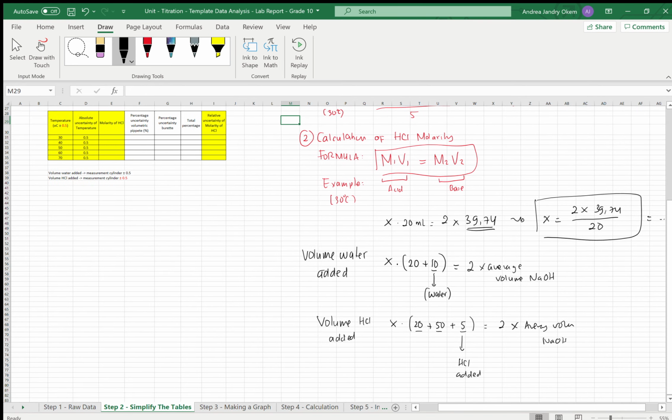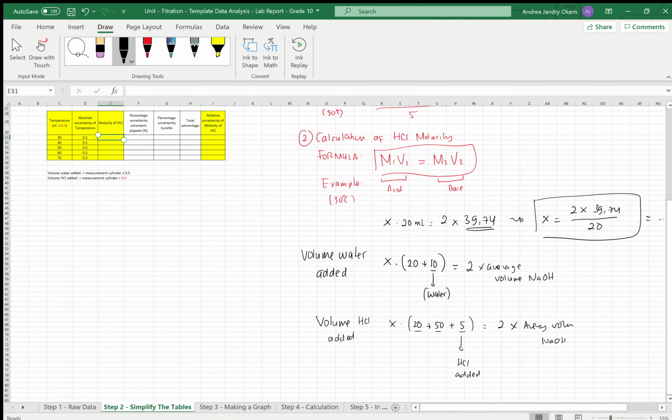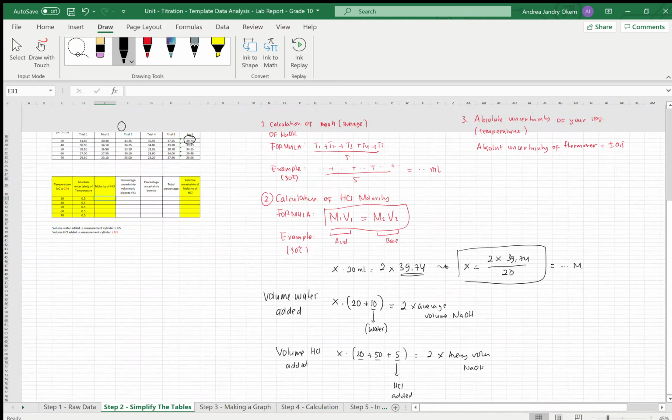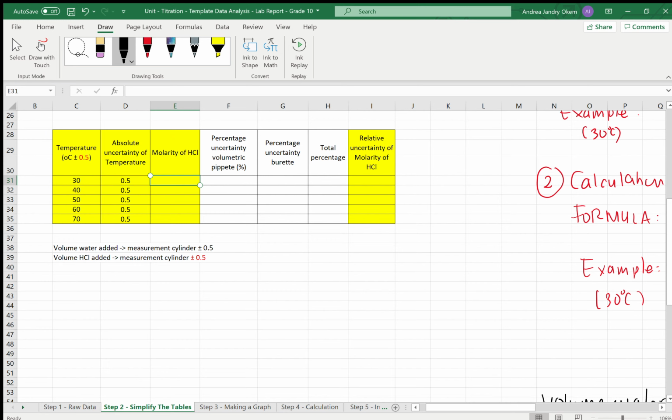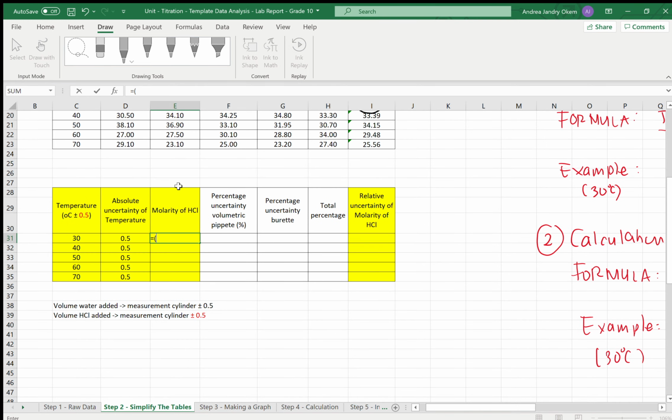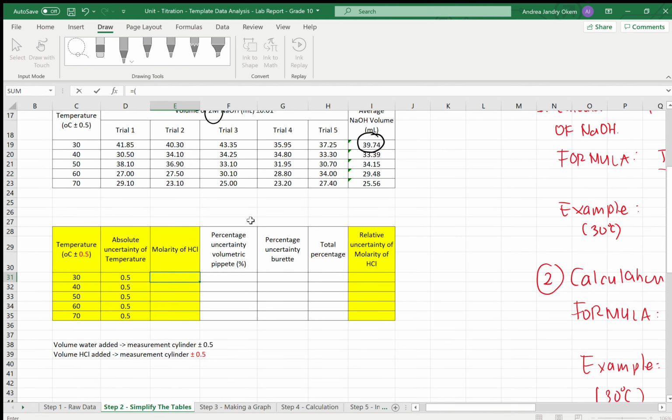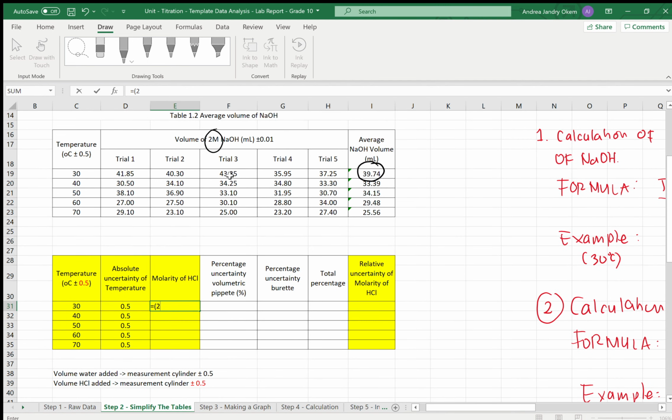Okay, so if you want to do it in Excel, please remember 2 times. I will type equals, open the bracket, because the molarity of NaOH is 2, so I will put 2 and then type the star, and then I will select the average volume of NaOH and close the bracket, and then you have to divide by 20 milliliters. 20 refers to the volume of hydrochloric acid.